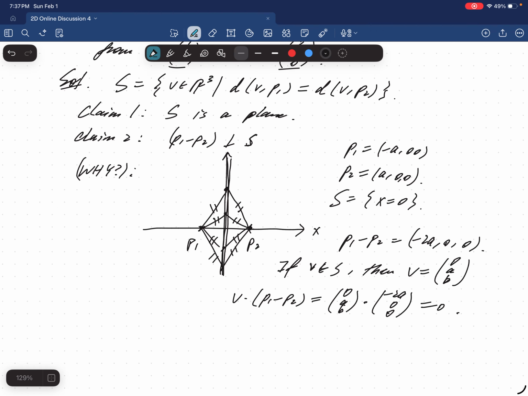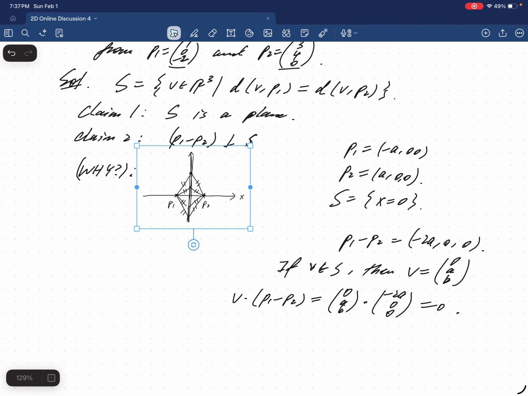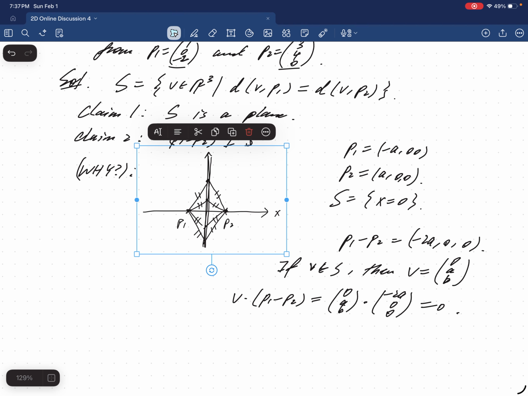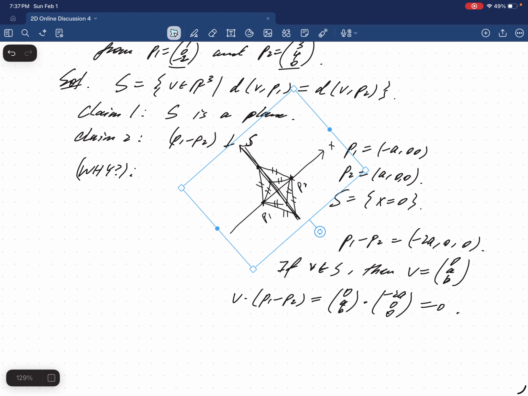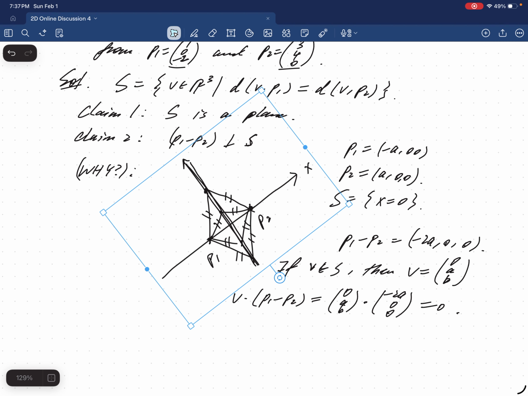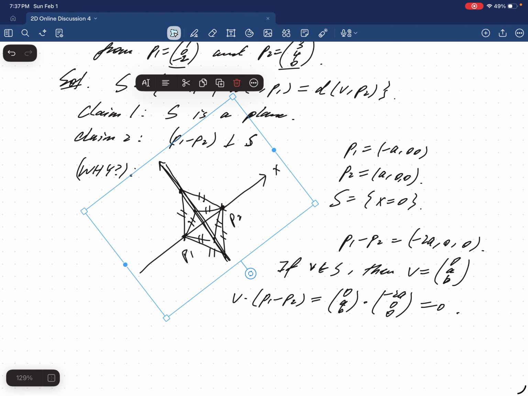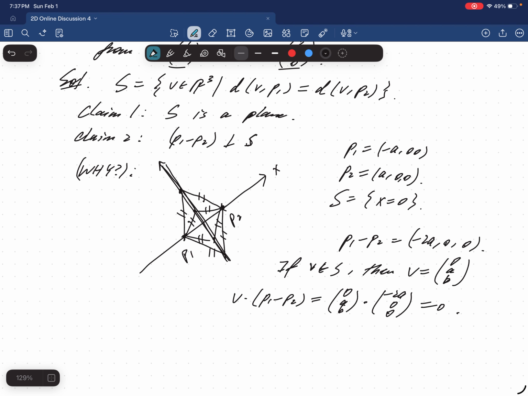But why does it hold for my general case? Because I can always translate this picture. You know, I can make it smaller, make it larger, and I can rotate it. I can put it anywhere I wish. So I can rotate and scale it so that P1 and P2 match the P1 and P2 in my general picture.